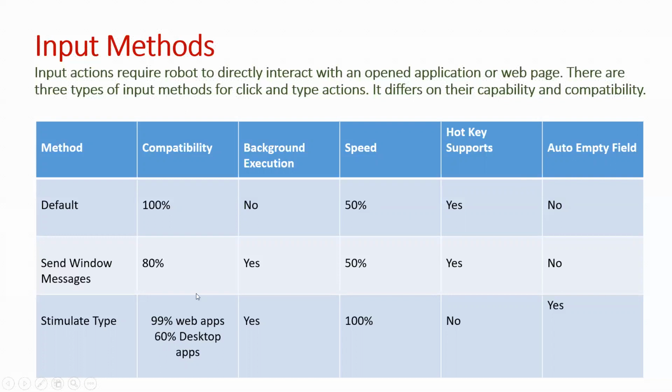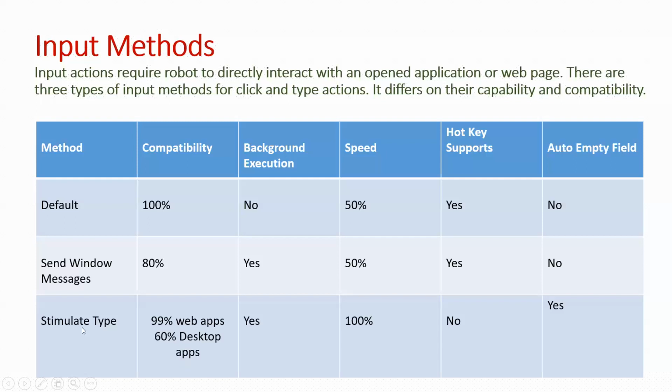Coming to send window messages, it gives 80% compatibility. Yes, send window messages works in background execution. Coming to speed, it is 50%. Send window messages support hotkeys, but it does not support auto empty field.